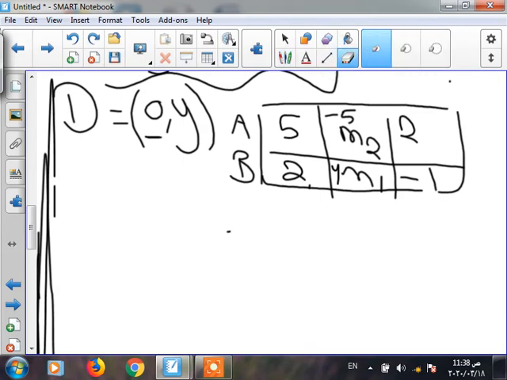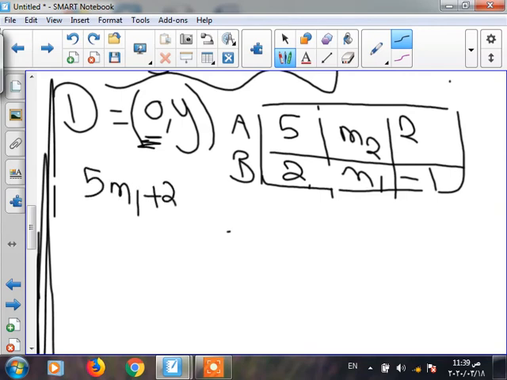So let me start talking about the point D. The point D, its coordinate of x equals 0. So 5M1 plus 2M2 over M1 plus M2 is going to be 0.